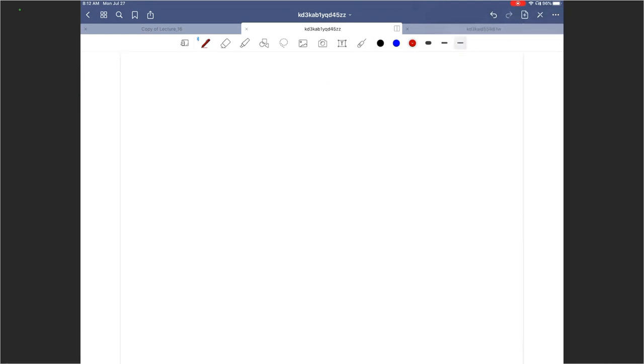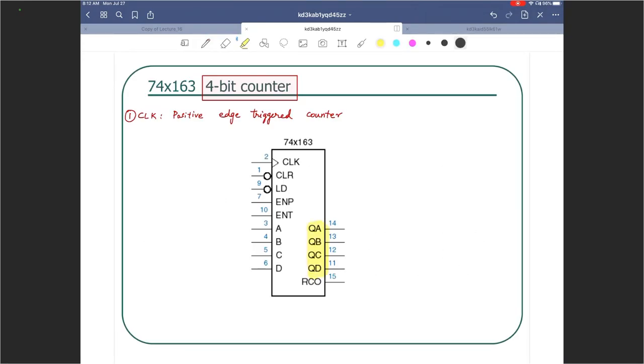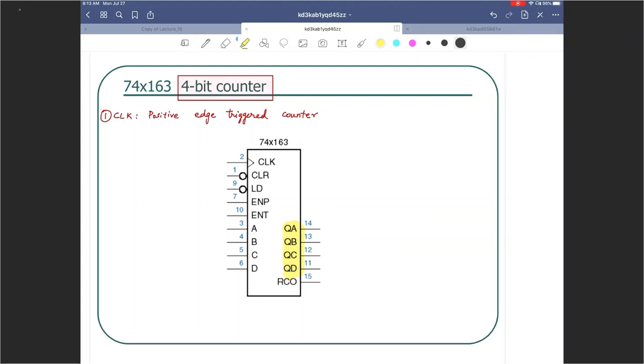Those are the 4-bit counter values. So that's the 4-bit output. And there is also a ripple carry output, an additional output to monitor something else. We'll talk about that in just a minute. But QA, QB, QC, QD are the outputs of the counter that we would be interested in, and we know that it's going to count by observing those values.